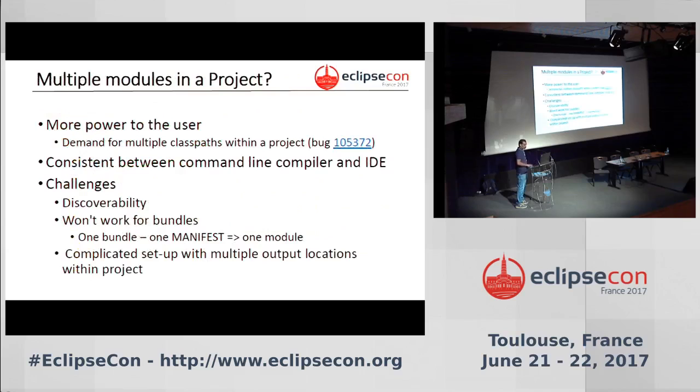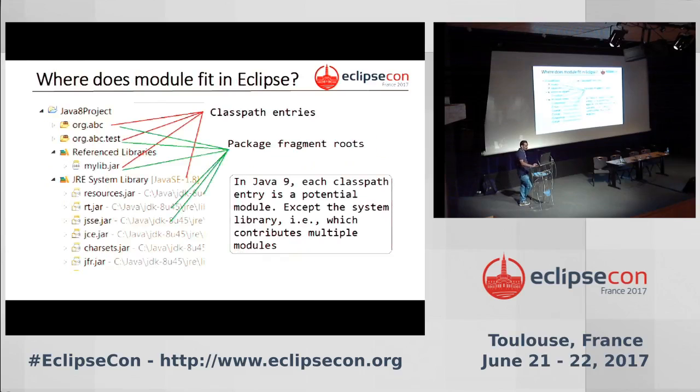So there was a lot of debate about what we wanted a module to be in Eclipse, where does it fit? Going back to this, we have two source folders, r.abc and then r.abc.test. So one can imagine that both these source folders can become respective modules.